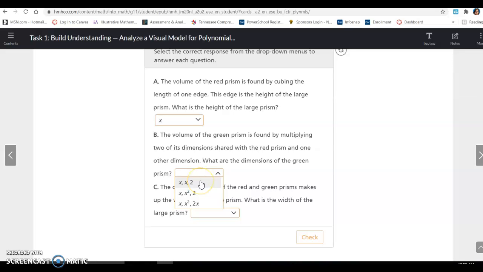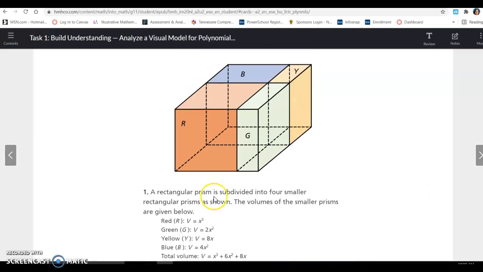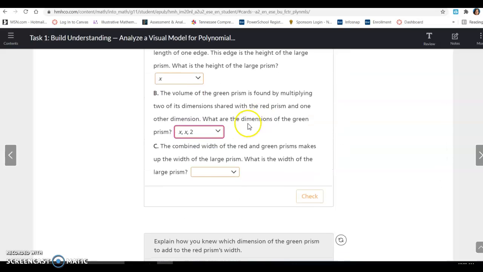X by 2. The combined width of the red and green prisms make up the width of the large prism. What is the width of the large prism? It would be x plus 2.